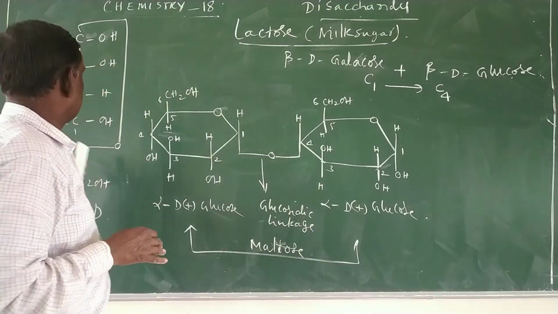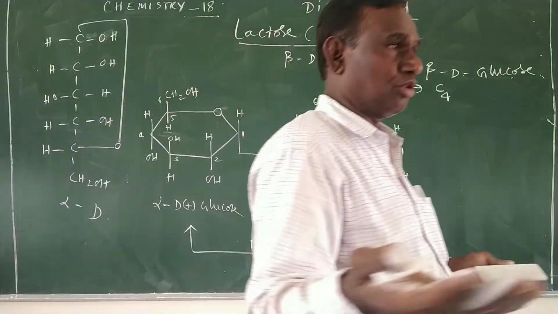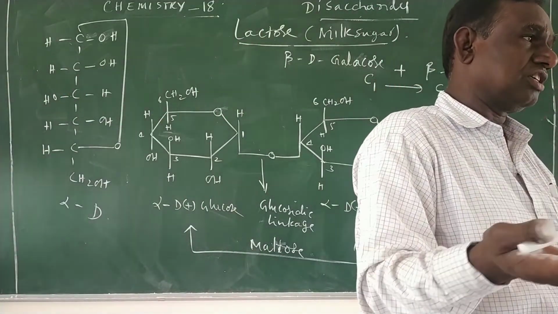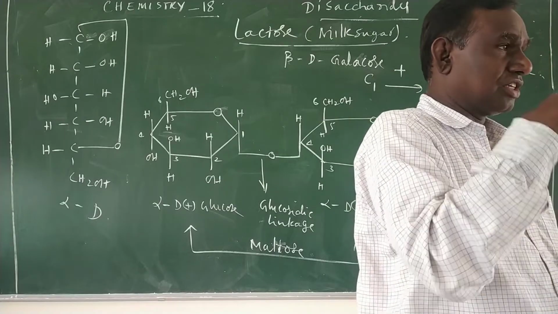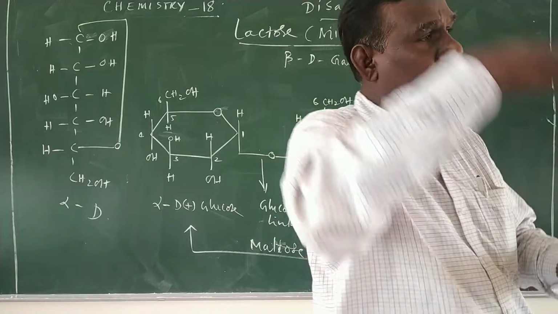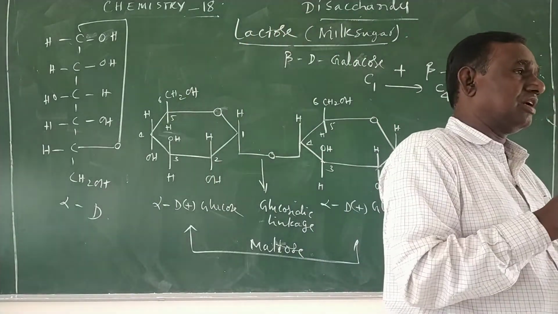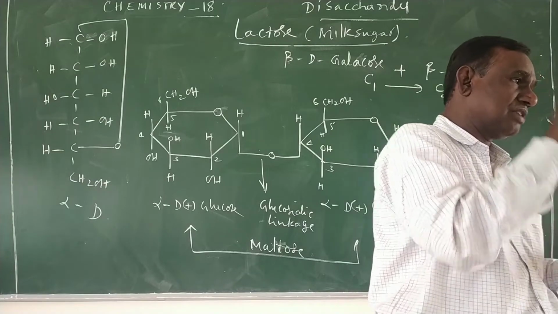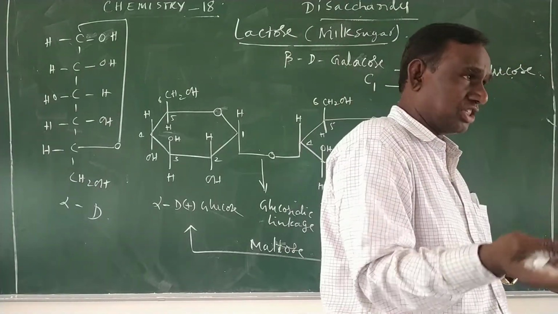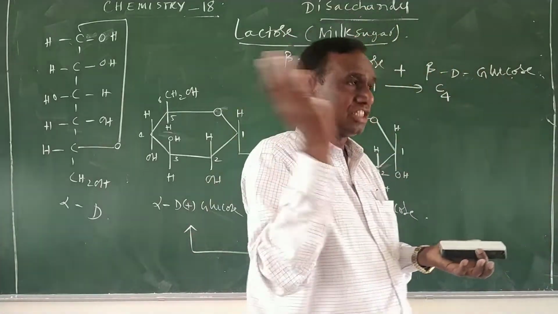Now, what is the difference between glucose and galactose? The structure of glucose is similar to that of galactose, but it differs only at the fourth carbon atom. Only differs at the what? Fourth carbon atom. That means you write the glucose structure as it is, and at the fourth carbon atom you interchange the H and OH group.